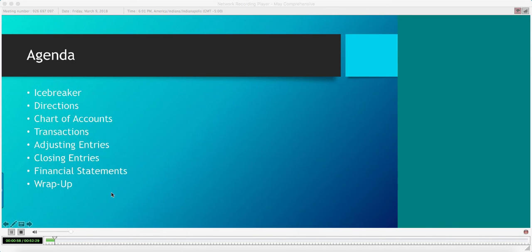Okay, so the first thing is an icebreaker, basic poll question. Then we're going to go over the directions for May's comprehensive. Take a look at the chart of accounts because, as I mentioned last week, this problem is going to have a lot more to it.